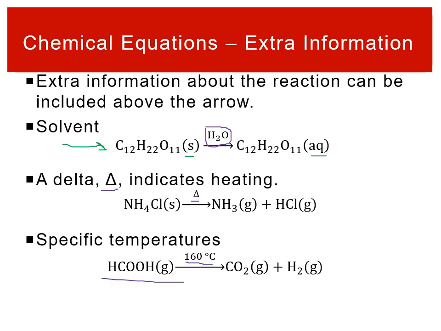If you heat it up to 160 degrees, you get CO2 and hydrogen, right? So you can think about chemical reactions as kind of a recipe: your reactants are your ingredients, and then over the line you put cooking instructions, and then you get the products on the other side.